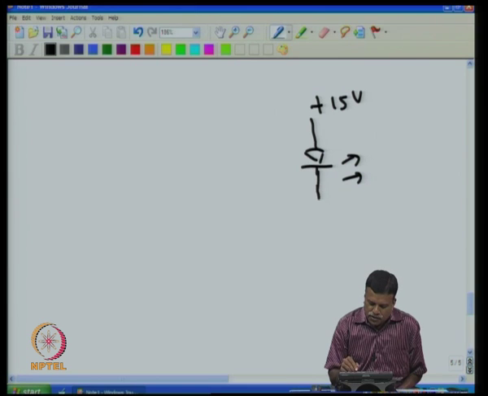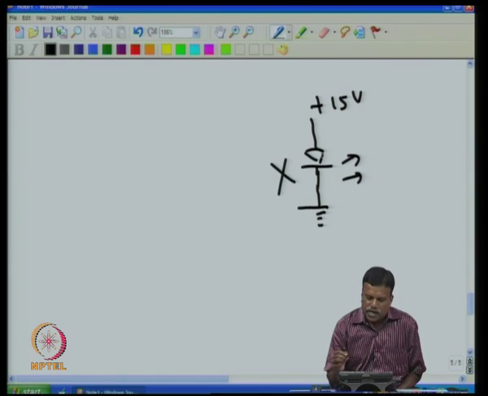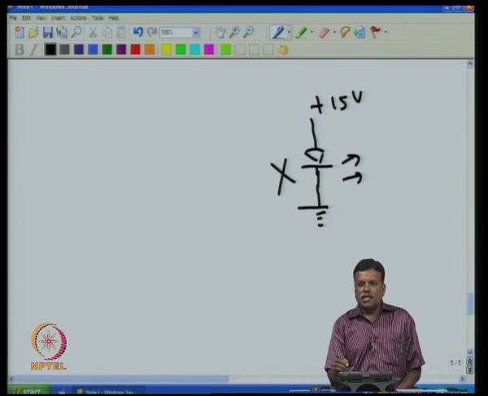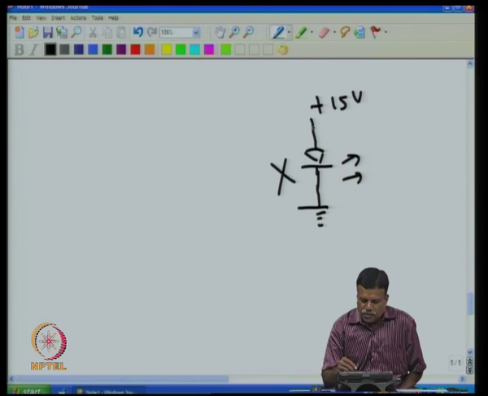Now, if I want to connect it, I know that I should not connect it immediately to ground. If I put this to ground, then the LED goes bad, because if you look at the basic concept, an LED is like a diode, and when forward biased it glows.